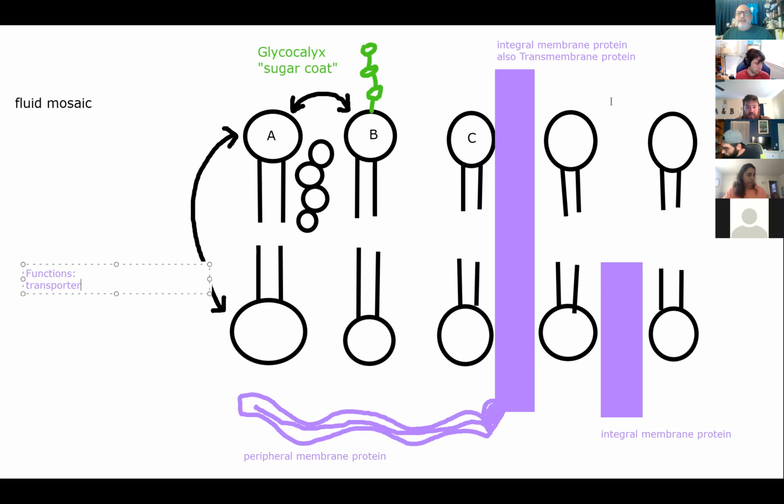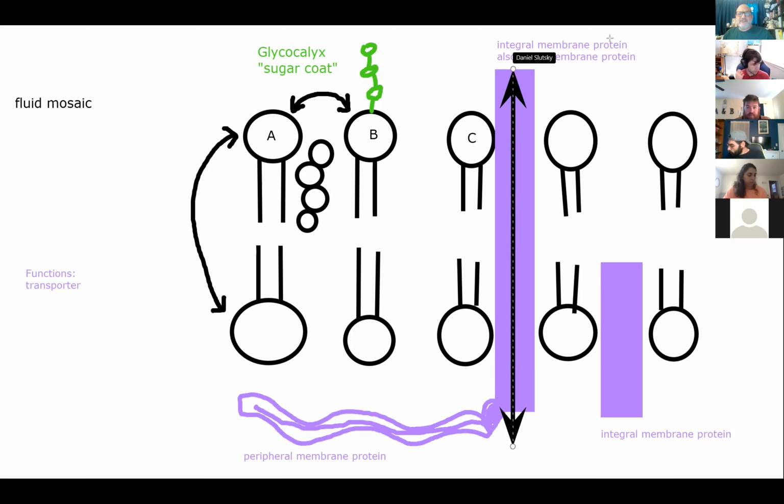That transmembrane protein could allow substances to come into and out of the cell. It could also be a receptor for some type of chemical signal, like a hormone or some other type of chemical signal to affect some type of change. Enzymes to do some function. These can also be tags on the outer surface and all sorts of other fun things that they can do as well.